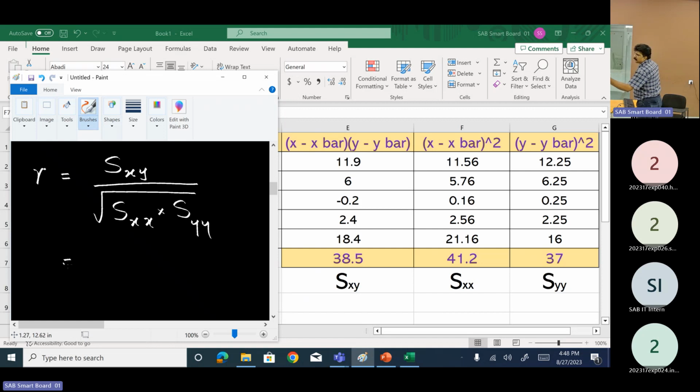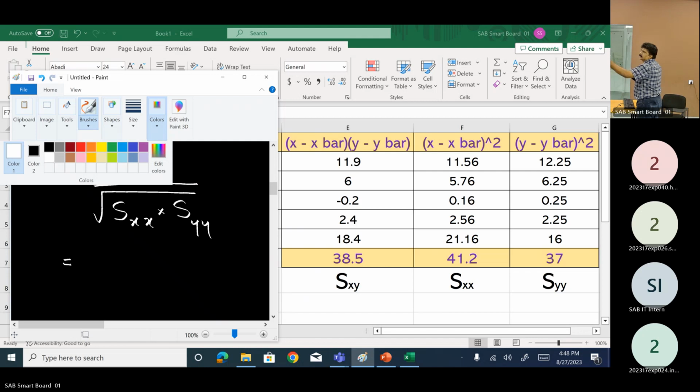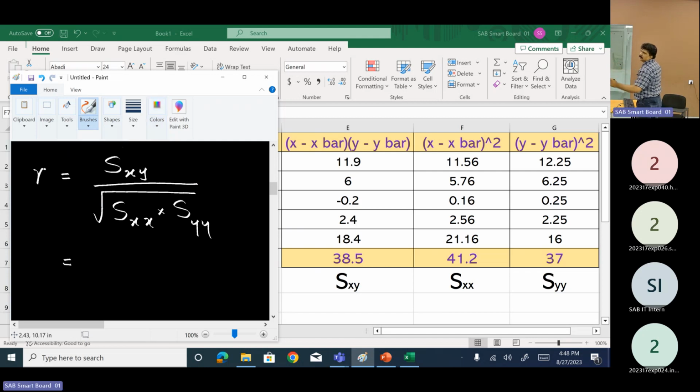So we substitute the values. This is 38.5, SXX is 41.2, and that is 37.